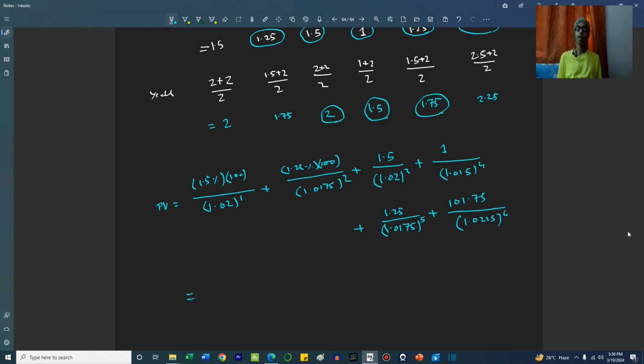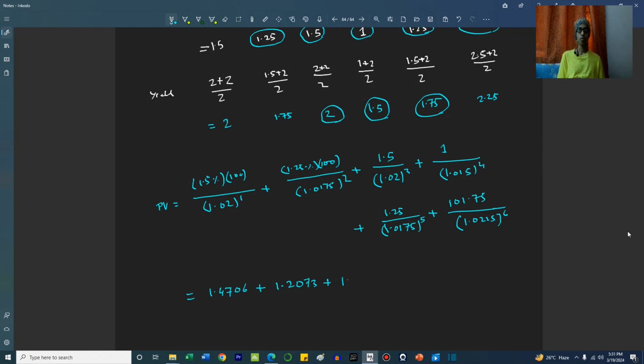1.5 divided by 1.02. This comes to be 1.4706, let's say. 1.25 divided by 1.0175 square. This is equal to 1.2073 plus 1.5 divided by 1.02 whole cube.